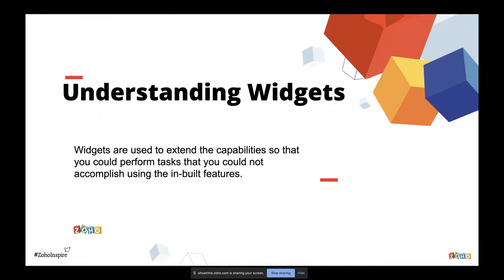Since JS is a complete programming language by itself, we wanted to make sure that when we allow it on a platform like Creator, it is secure and we take care of the privacy as well. So we're compiling it into a component called widgets, right? Widgets are going to help you extend the capabilities of your application, which were earlier not available using the built-in features that Creator provided.